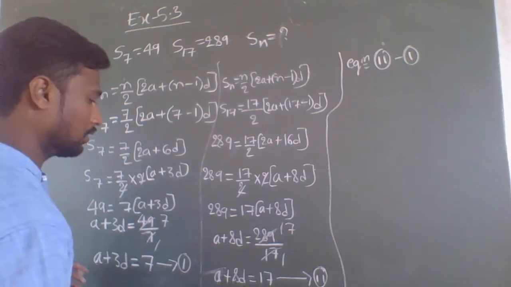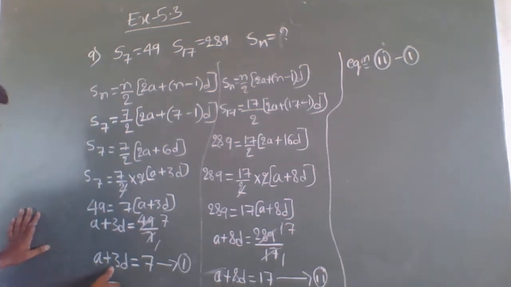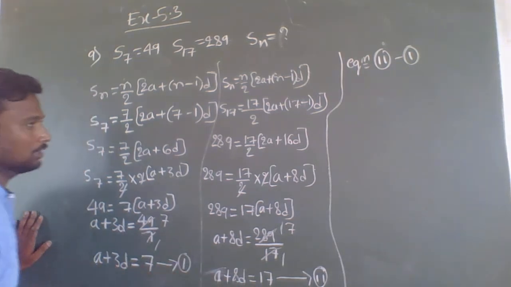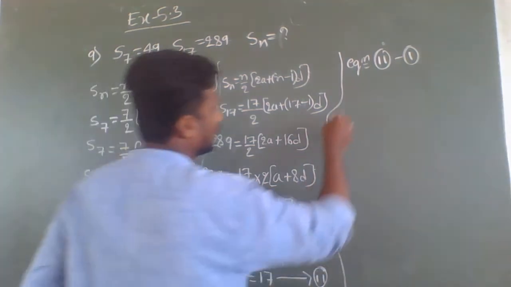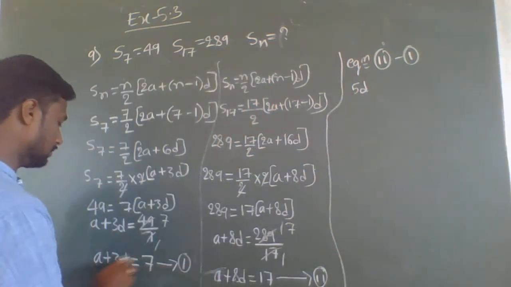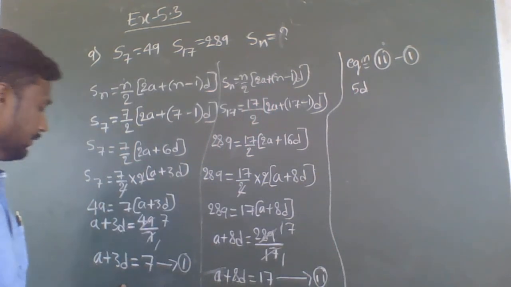Here a minus a means a cancels, so 0. Next, 8d minus 3d means what will you get? 5d. 8d minus 3d is equal to 5d.